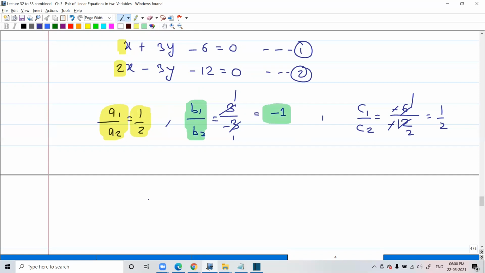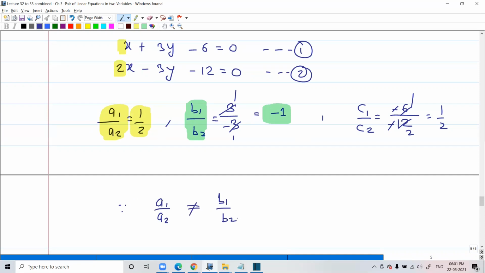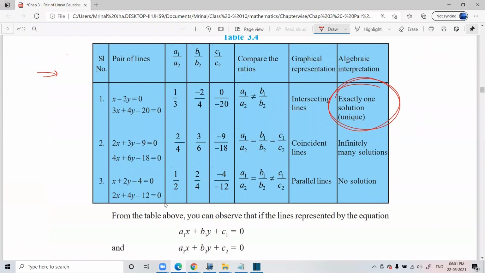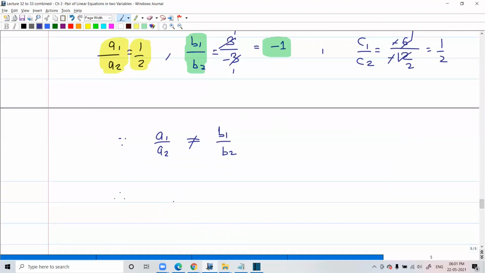So of course they are not equal. So we can say that since a1 by a2 is not equal to b1 by b2, therefore the pair of linear equations in two variables has exactly one solution. So if it has one solution, it means it is consistent, right?